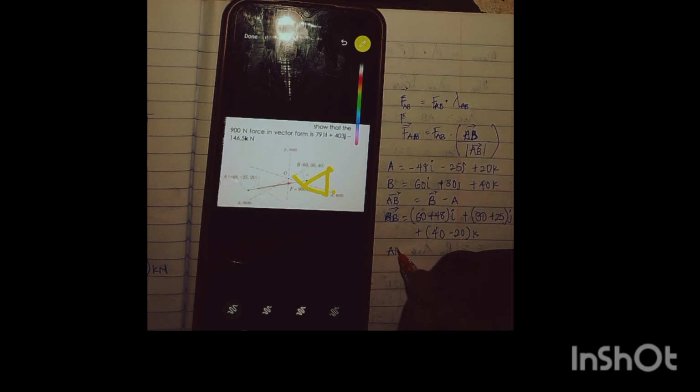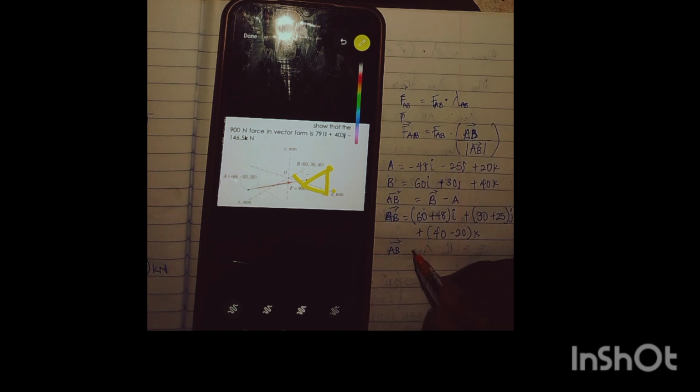So if we do this, we have position of AB to be equal to 108 in i direction, then positive 55 in j direction, then positive 20 in k direction. That is the position from A to B.